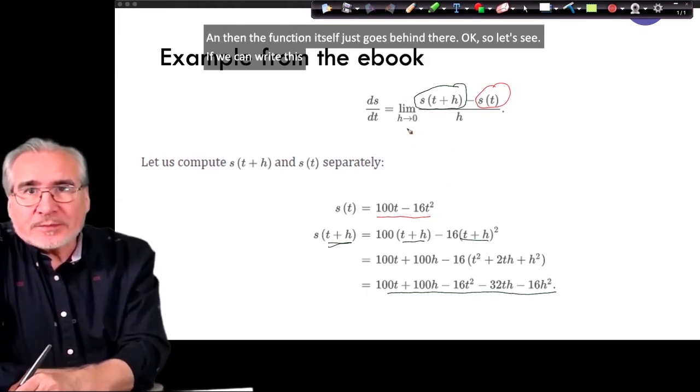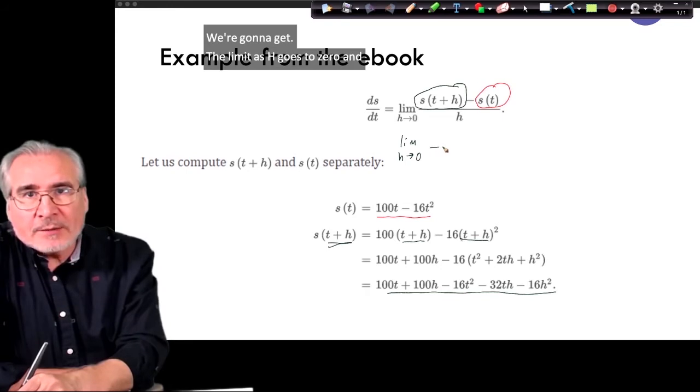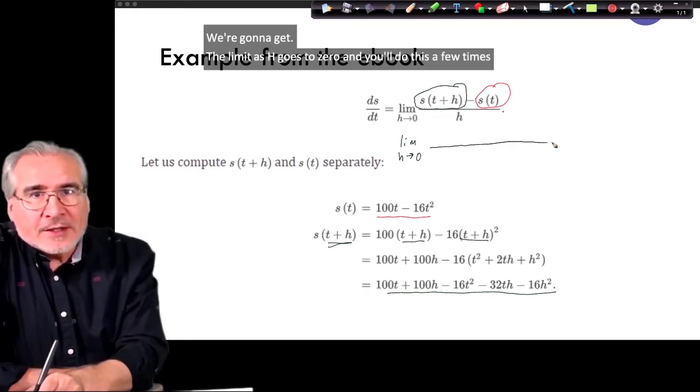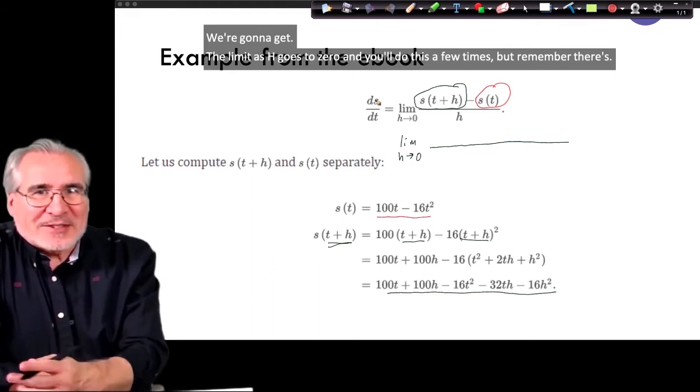Okay, so let's see if we can write this out. So we're going to get the limit as h goes to 0, and you'll do this a few times, but it'll get easier. Let's just put it that way.